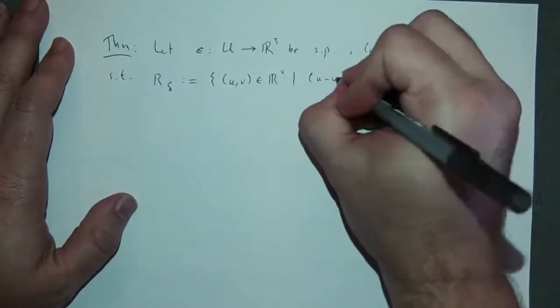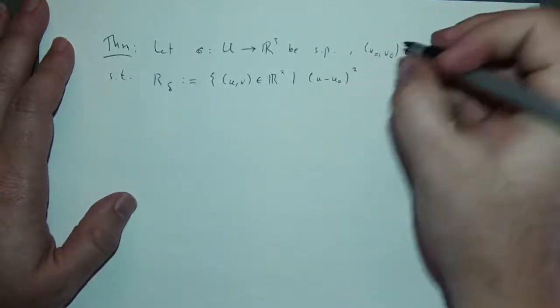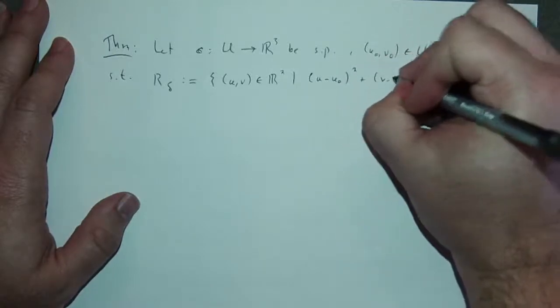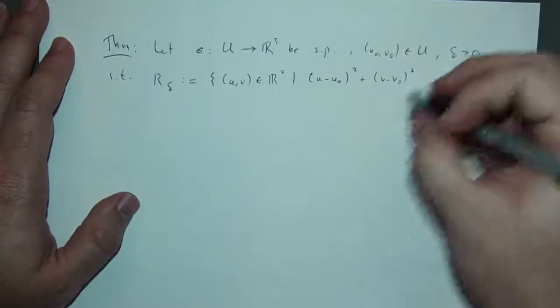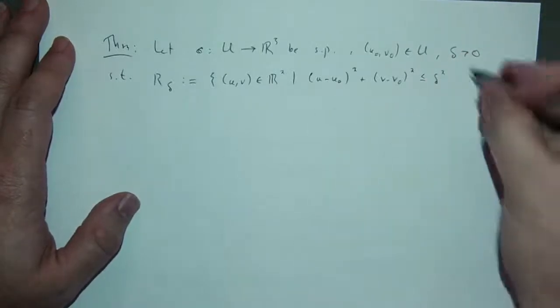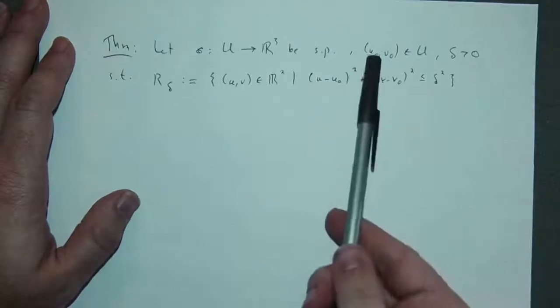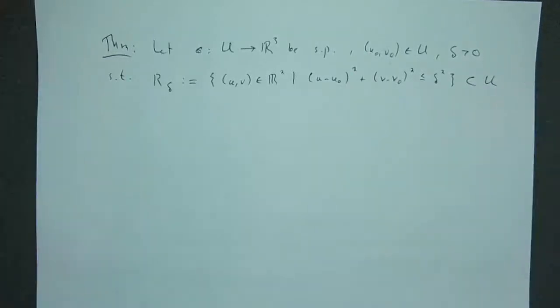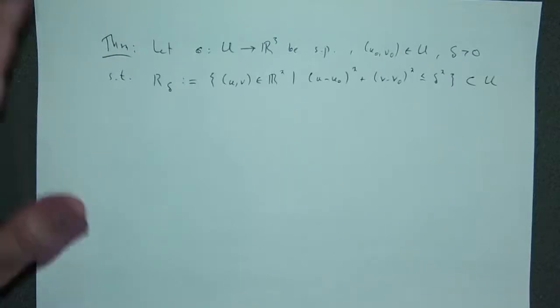(u minus u naught) squared plus (v minus v naught) squared is less than or equal to delta squared. So delta is the radius of your disk centered at (u naught, v naught), and we're only concerned with when this is contained in U. Okay, and so we're typically thinking of delta as being very small here.